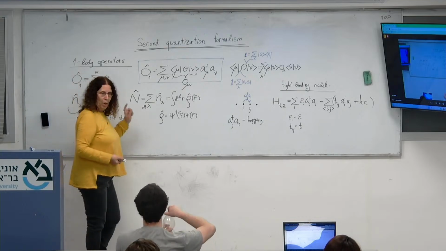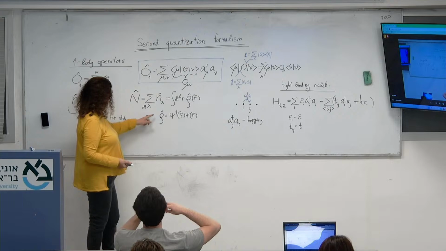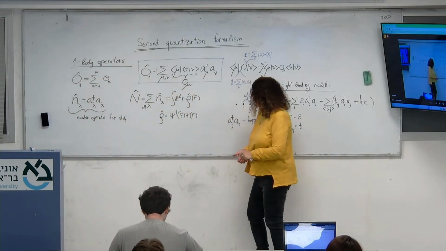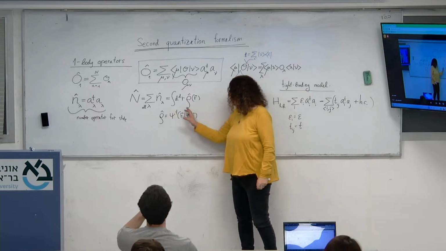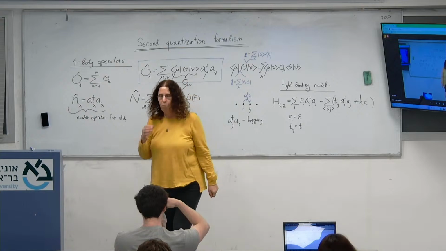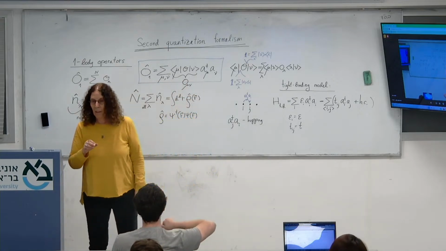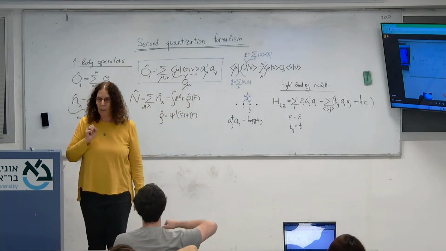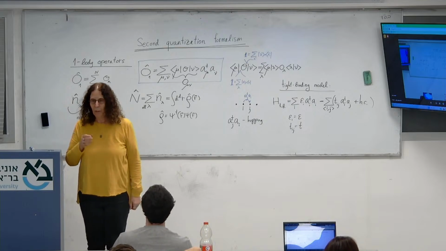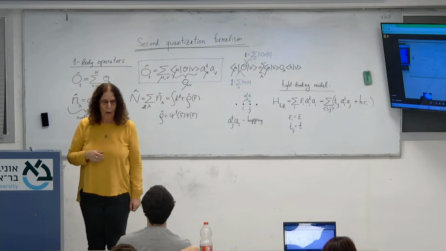But one caution I want to make here is that when I'm writing the density operator in this form, I'm assuming that the particles I'm talking about are fully described in terms of the local coordinate. And you know that it's actually not true. For example, for electrons. Why?